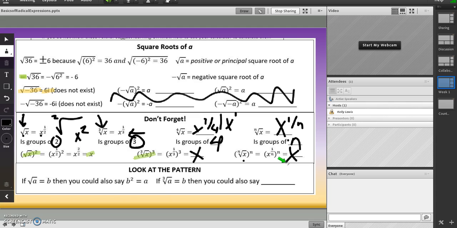Remember I said square root has an inverse of squared. So the cubed root has an inverse of cubed, so b cubed. Again, I'm just previewing some information and notes.